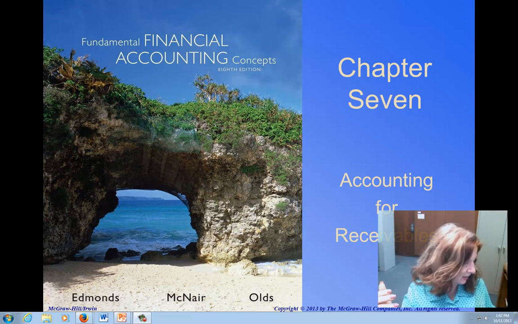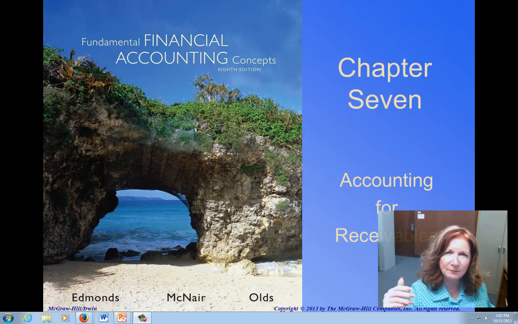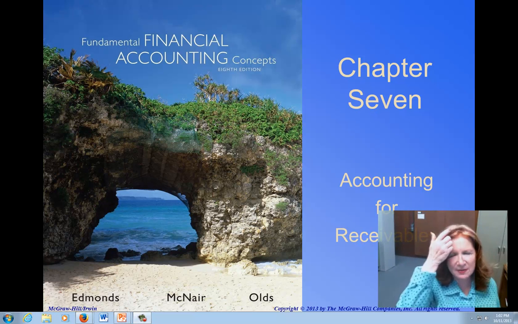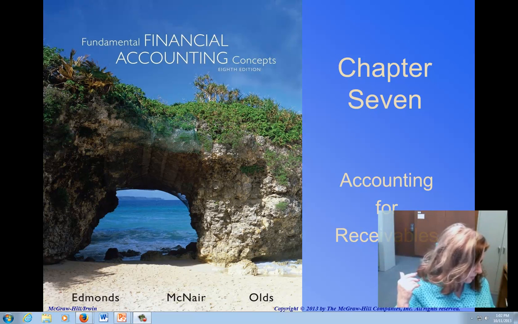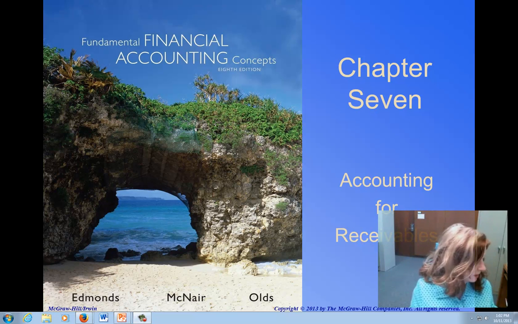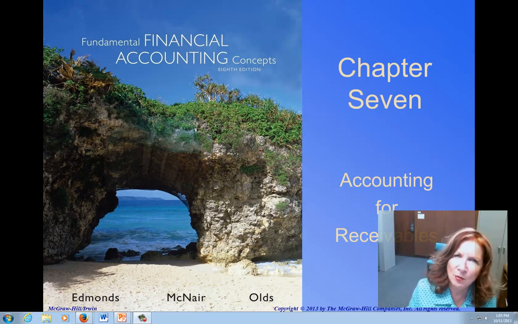There's a good example of a balance sheet to show how those interest receivables are also shown with the current assets. Now, that's the presentation that they give in the book for notes receivable, and it's a fuller presentation.